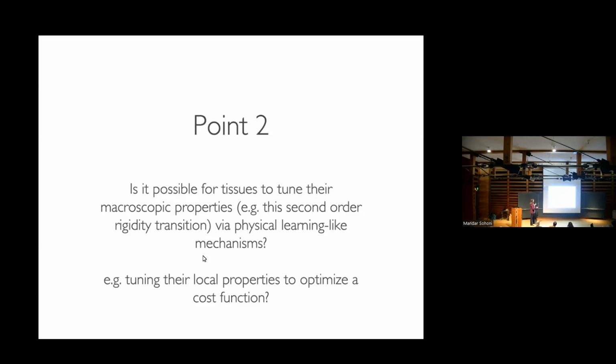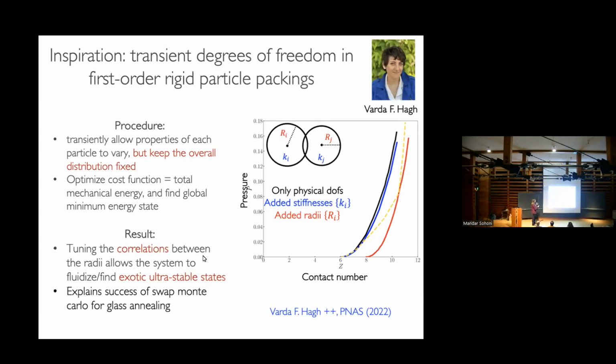Okay, so now I'm going to ask the question, is it possible for tissues to tune this second order rigidity transition via a physical learning-like mechanism? They tune their local properties to optimize a cost function, because now we have all these variables that exist in biological systems and cells can tune them. Okay, so the inspiration for this work comes from particle packings, which are first order rigid.